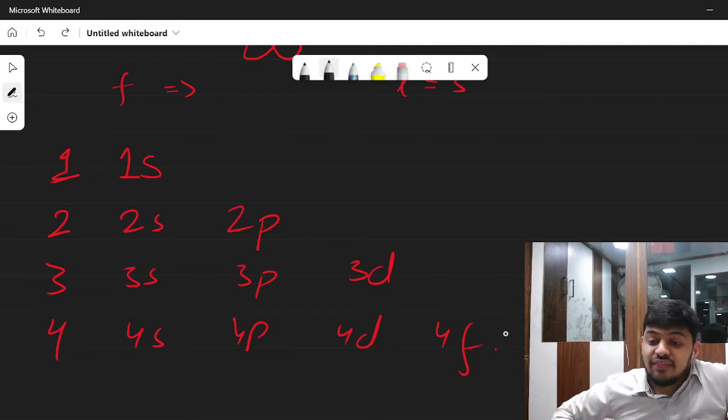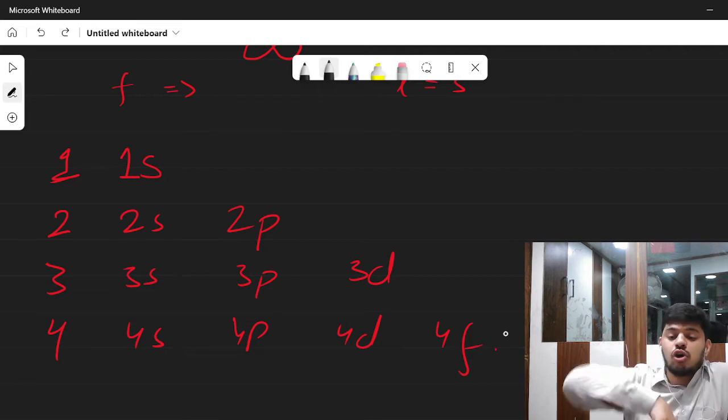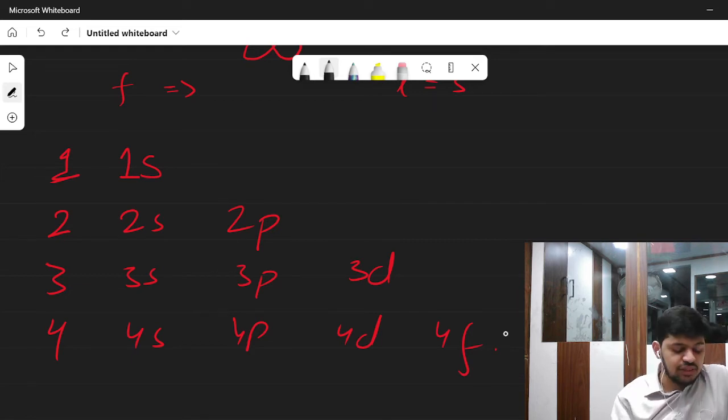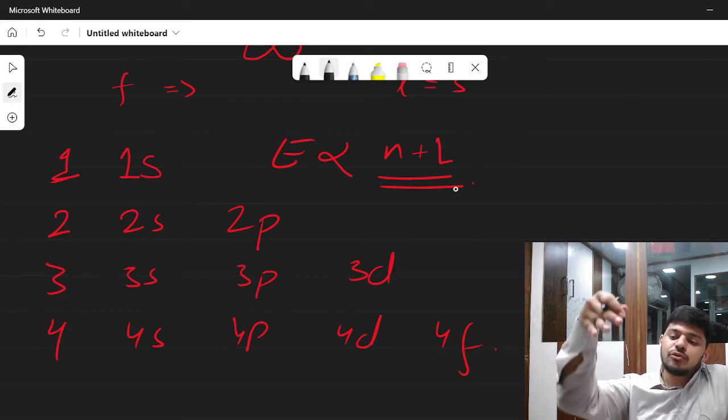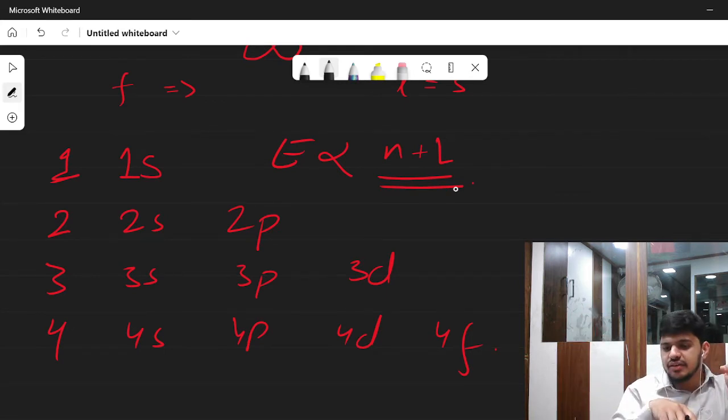The energy of any orbital is directly proportional to the value of n plus l. If the n plus l value is low, it has less energy. If the n plus l value is high, it has high energy.